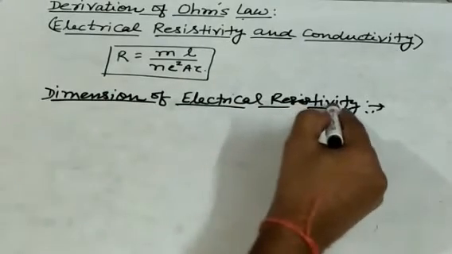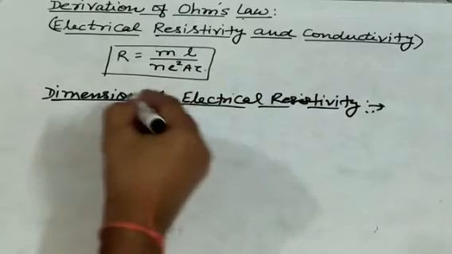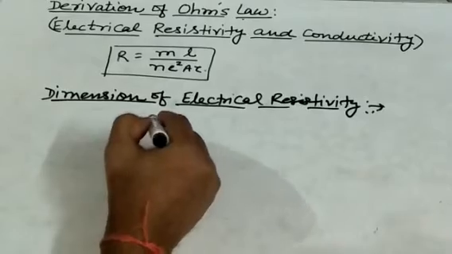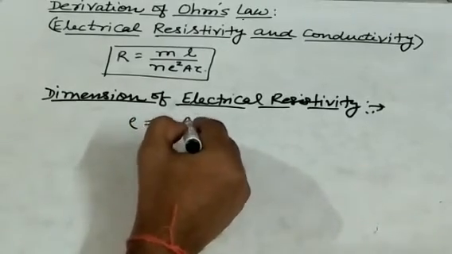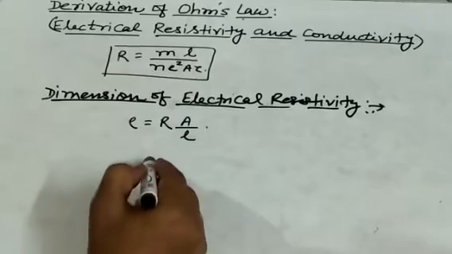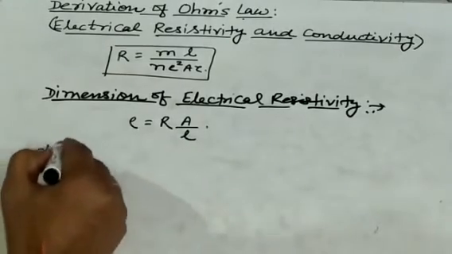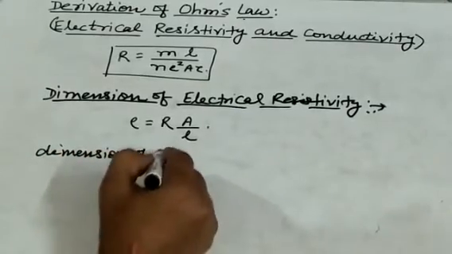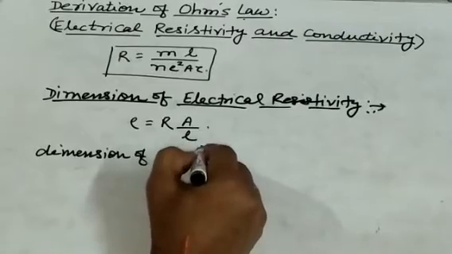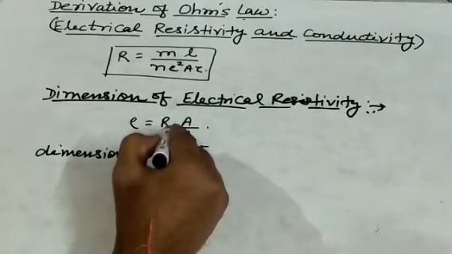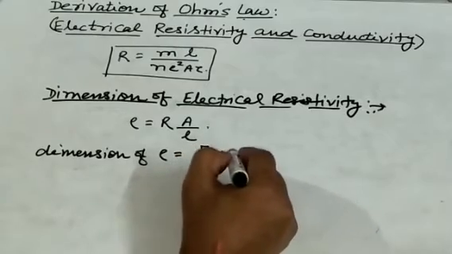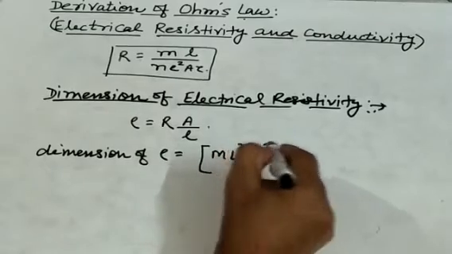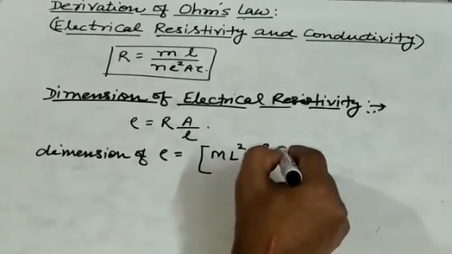Now, the dimension of the electrical resistivity or specific resistance. We know that specific resistance or electrical resistivity rho is equal to R into A by L. So, the dimension of rho is equal to, already I have given you the dimension of resistance, which is M L to the power 2 T to the power minus 3 and A to the power minus 2.